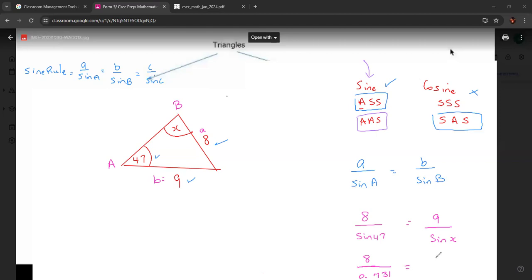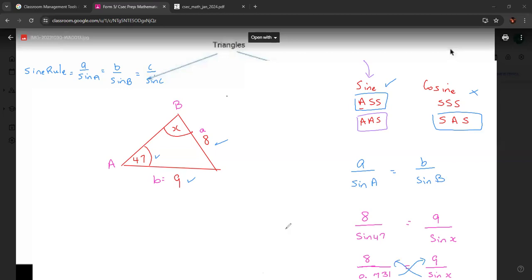Is equal to 9 over sine of X. Remember, we are looking for X. Anytime you have in algebra a fraction equals another fraction, remember, we are going to cross multiply. So we're going to cross multiply.